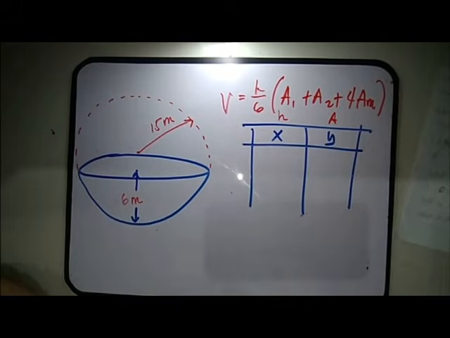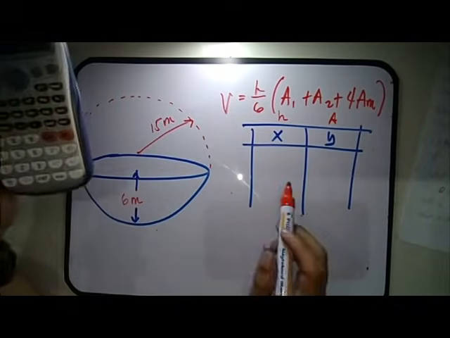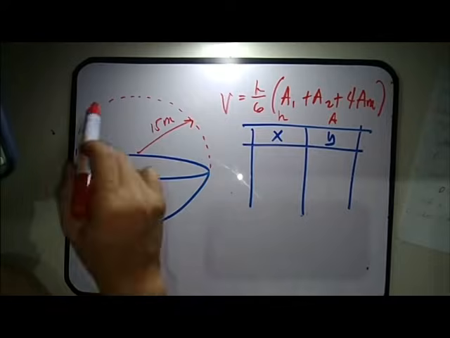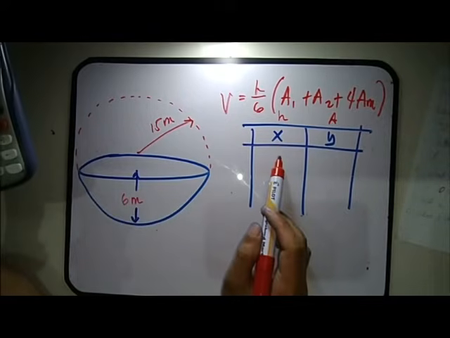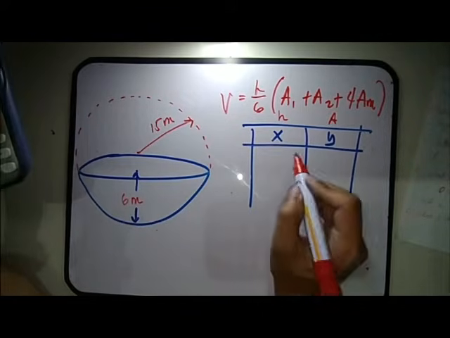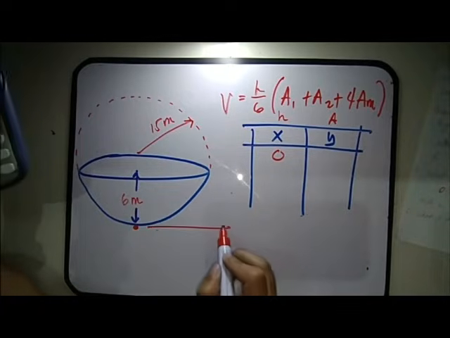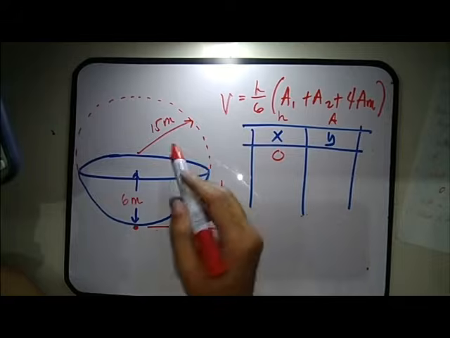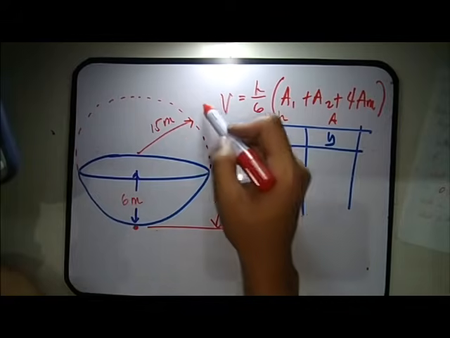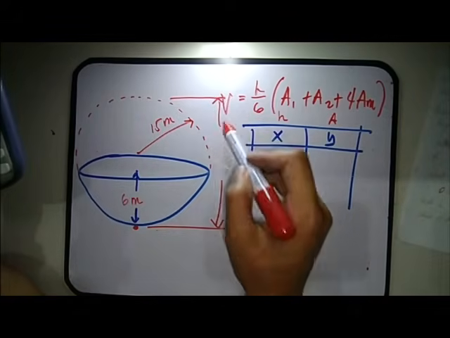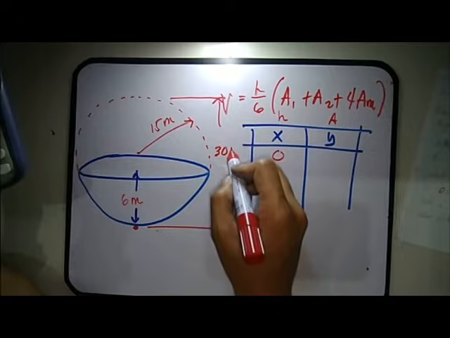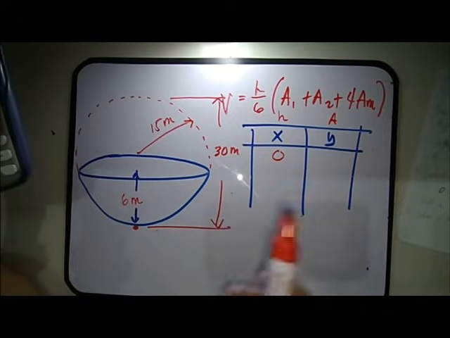Then, yung first step is consider muna natin ng figure as a whole. So, yung X natin, height at 0. Here, let's say 0 here. Kung ang radius natin is 15, yung diameter natin or yung height nitong sphere is 30 meter. So, 15 times 2.